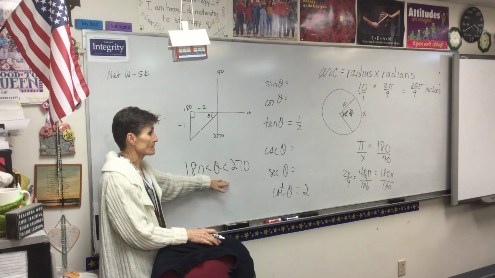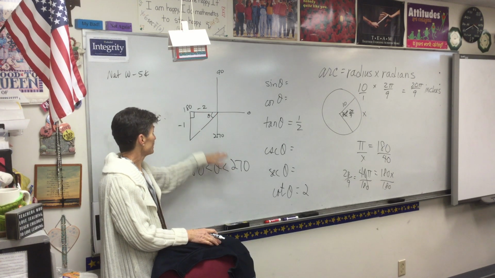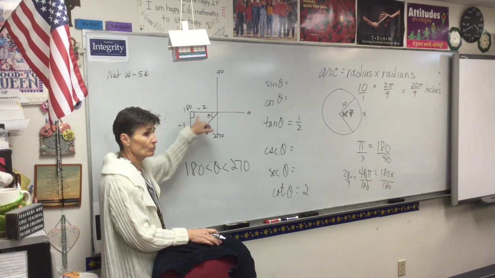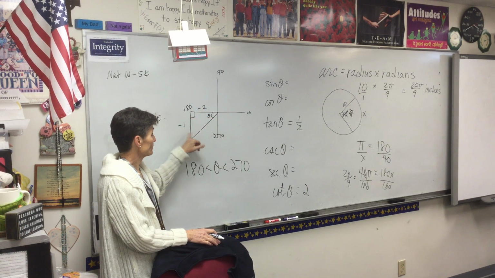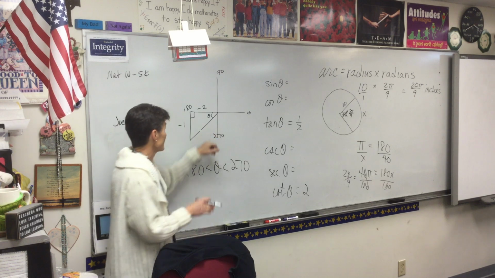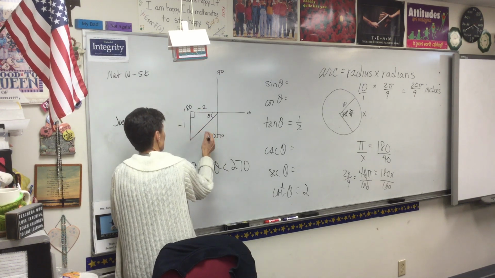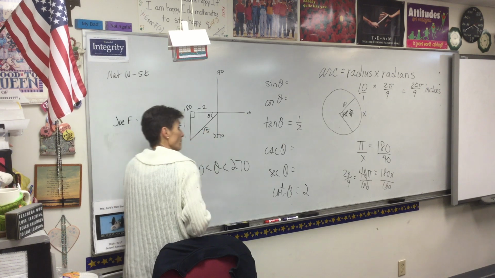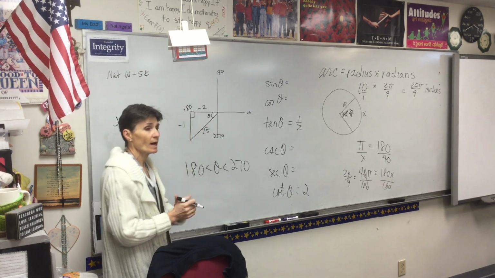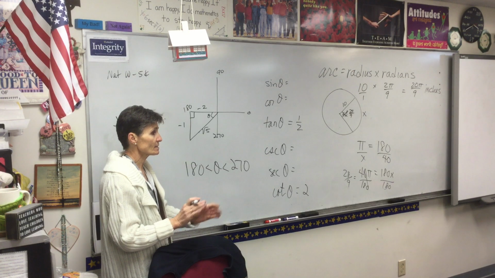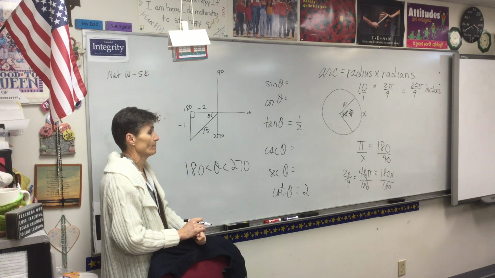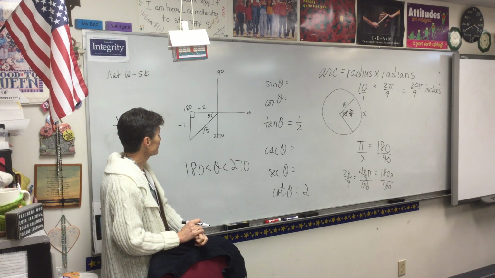This is important in quadrant 3. X and Y are both negative. The hypotenuse, or radius, will never be negative, so let's find it. Square root of 5. Remember, when we square, the negatives disappear, so this is 4 plus 1, square root of 5.